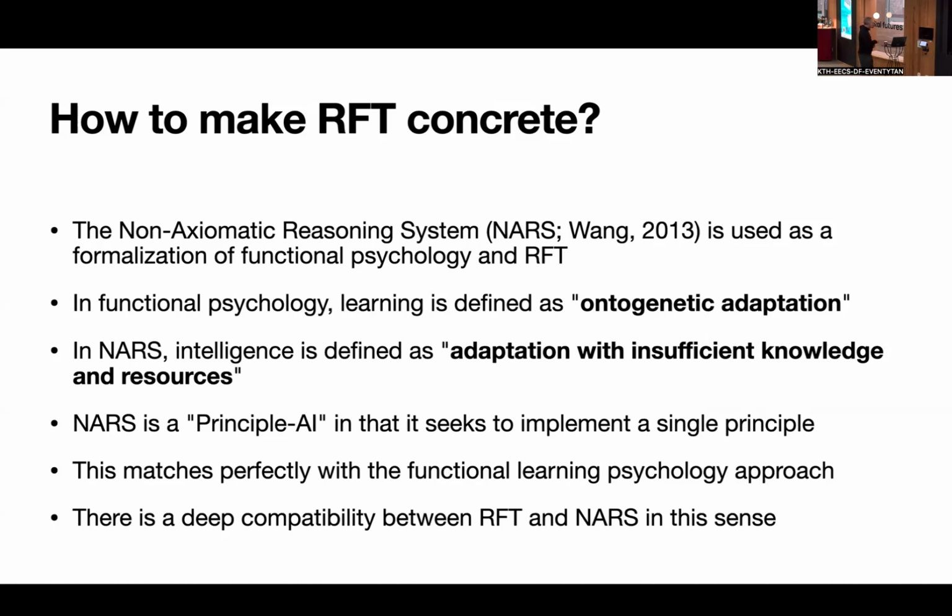So the goal then of our research is to take relational frame theory and functional learning psychology and implement its processes using the non-axiomatic reasoning system. So that in itself is a bit weird, so to speak, to take a reasoning system which is typically associated with higher order abstract thinking.